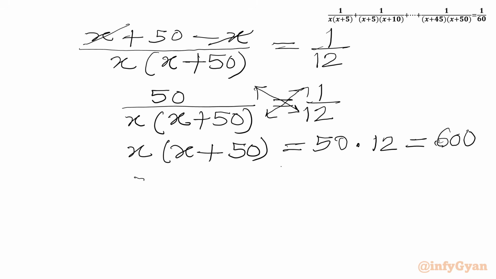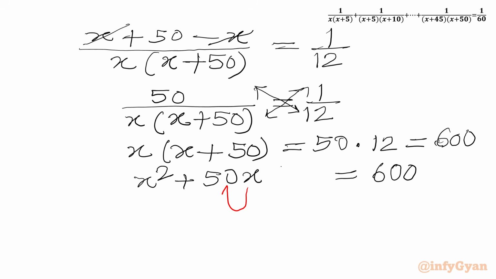Now we have to expand the LHS. x square plus 50x equal to 600. Now this is a quadratic equation. I can use the completing the square method. We have 50 as the coefficient of x. Half of 50 is 25. Square of 25 is 625, which we will add to both sides of the equation.